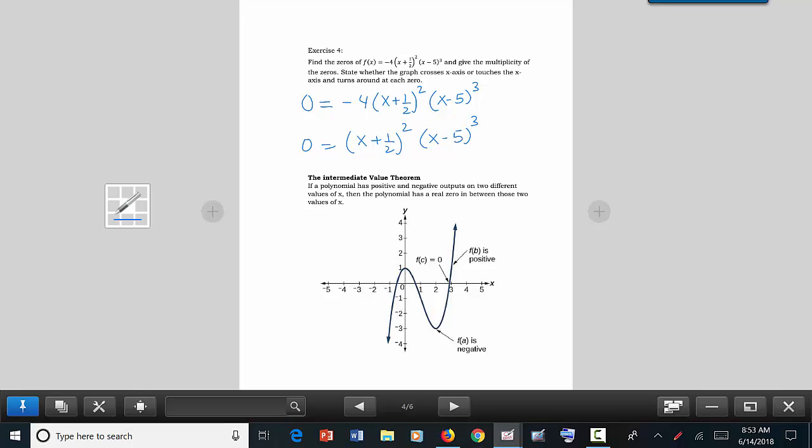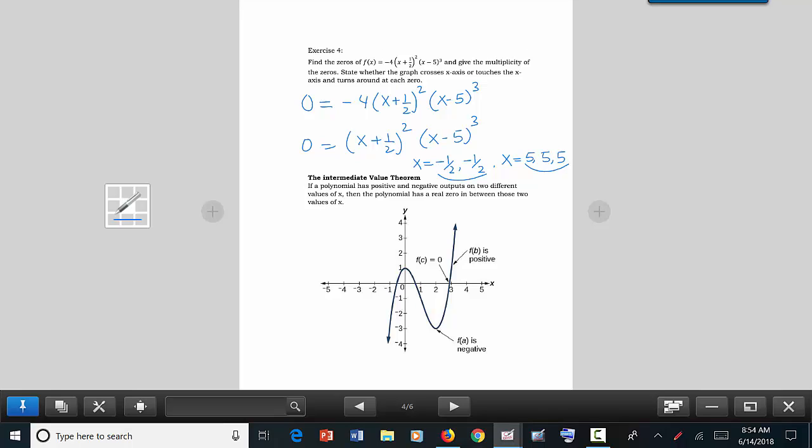The first expression gives x equals negative half twice, and the second expression gives x equals 5, 3 times. So this zero has multiplicity 3, this zero has multiplicity 2 because it is repeating that many times.